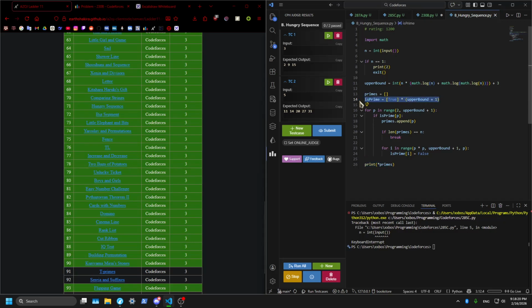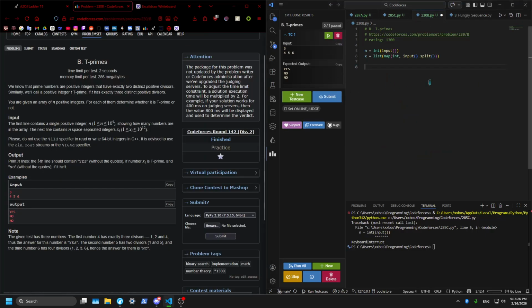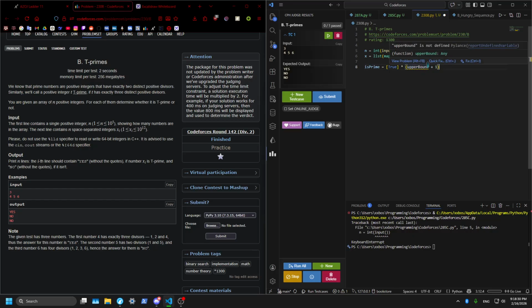Prime. So we need is prime, and our upper bound is n.